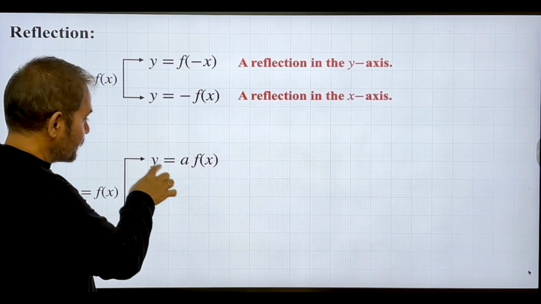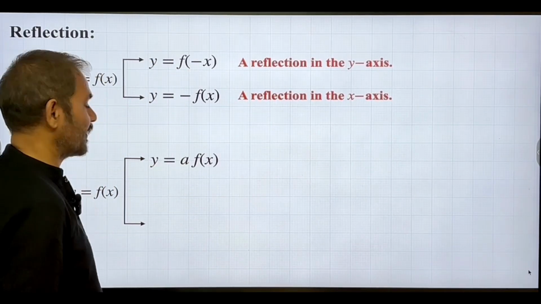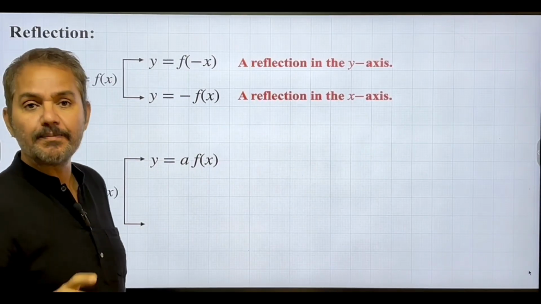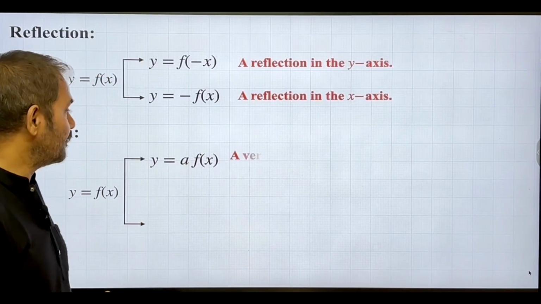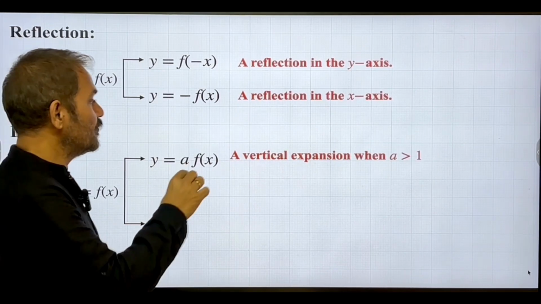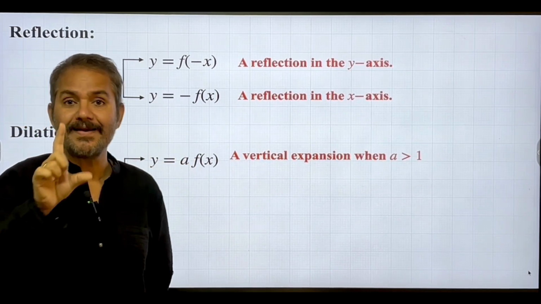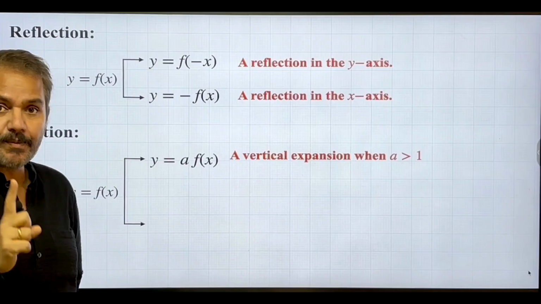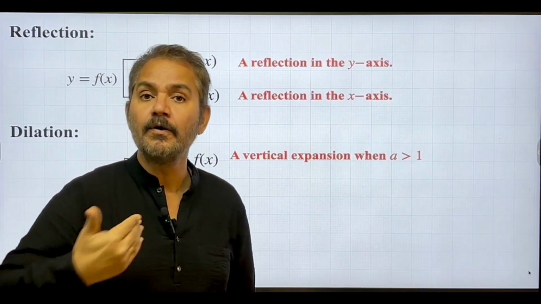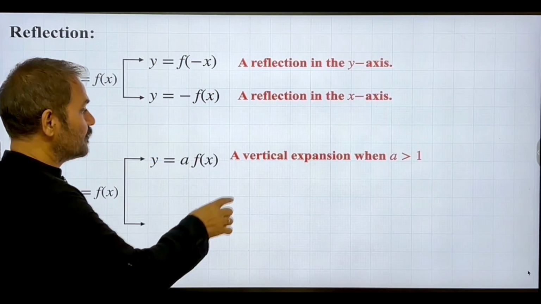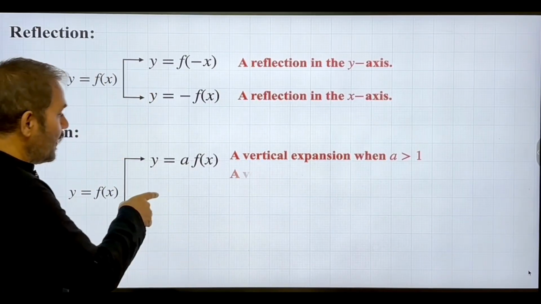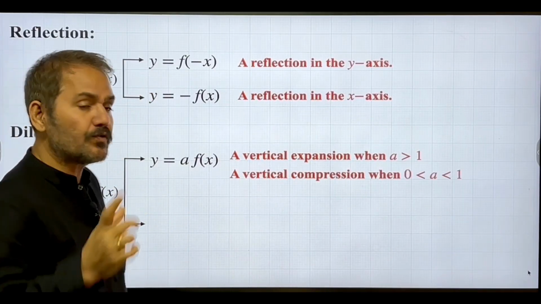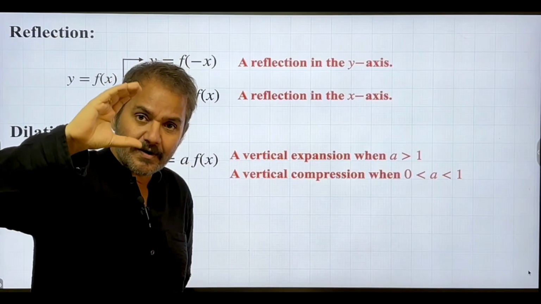When y becomes a times f(x), meaning the entire function is multiplied by a, you will see a vertical expansion when a is more than 1. Remember, we are assuming that a is always positive. When a is between 0 and 1, there will be a vertical compression.